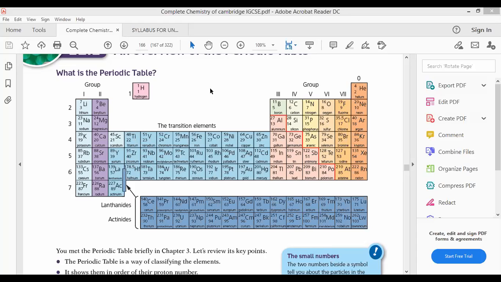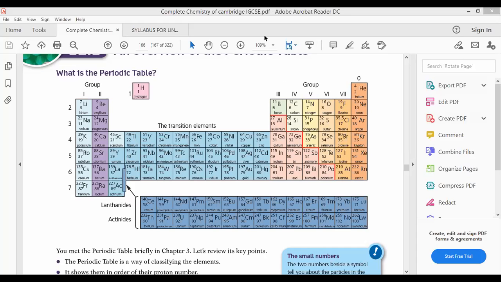Now you understand what atomic number is? They arrange by order of increasing atomic number, not decreasing. So if the question is how they arrange elements in the periodic table.